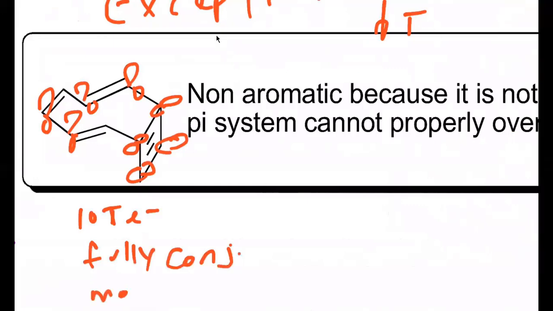It has 1, 2, 3, 4, 5 pi bonds, so 10 pi electrons. But it's not aromatic. It's fully conjugated, it's monocyclic, but it's not aromatic.